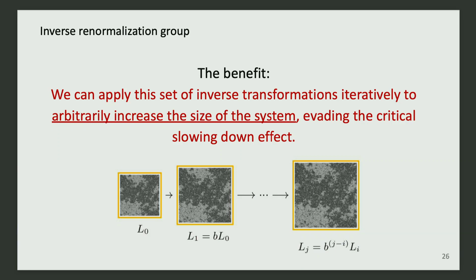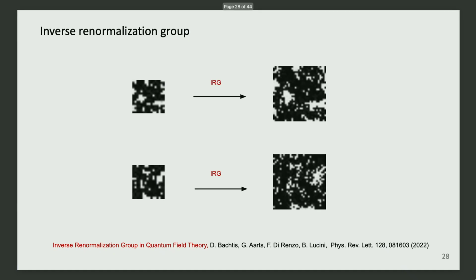So now we're going to discuss what it means to evade the critical slowing down effect with this method. So let's assume that we have run a Markov chain Monte Carlo simulation for a very small lattice size, let's say L equals 6, where it is easy, even if we use the Metropolis algorithm, to obtain minimally correlated configurations. So what we do is we obtain a set of minimally correlated configurations to which we apply the inverse renormalization group.